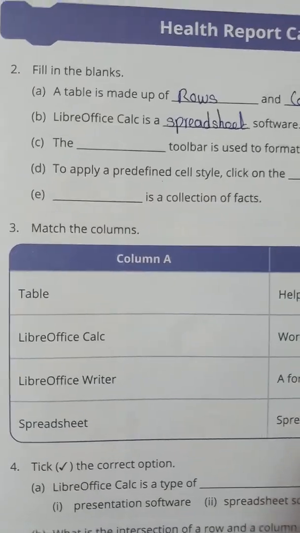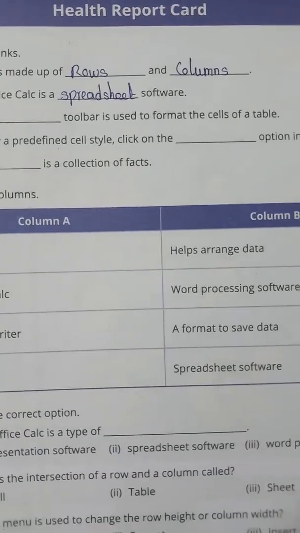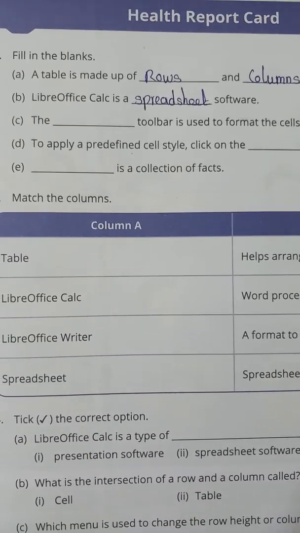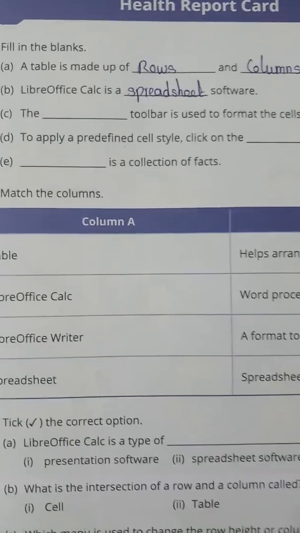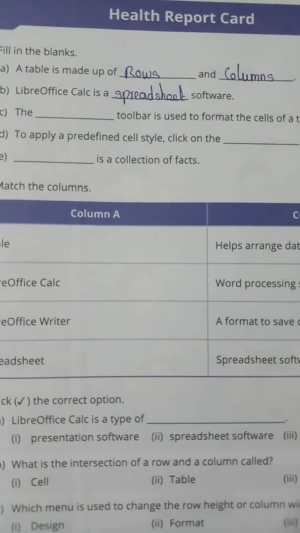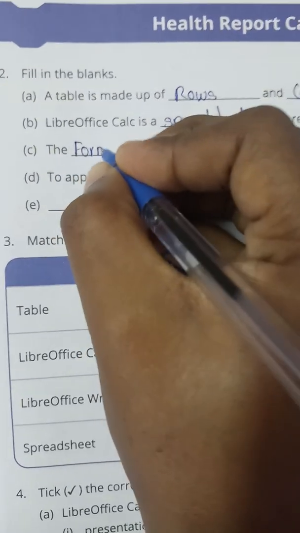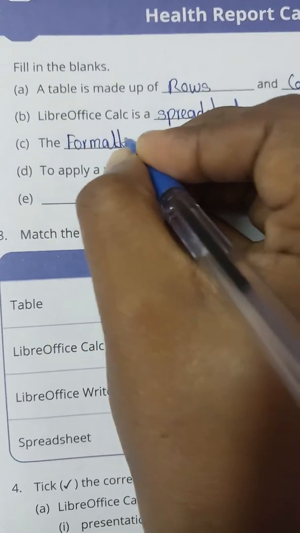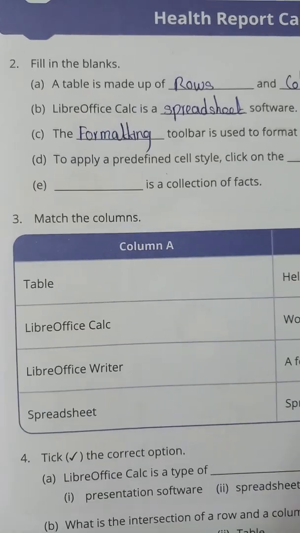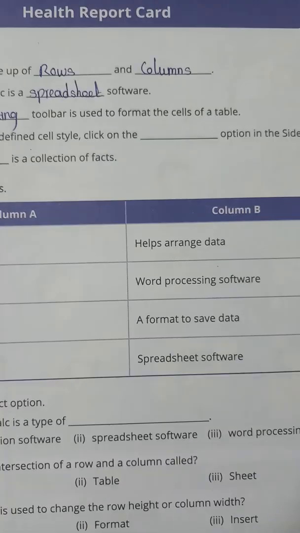The third question is: the dash toolbar is used to format the cells of a table. Any idea? The formatting toolbar. The fourth one is: to apply a predefined cell style, click on the dash option in the sidebar.